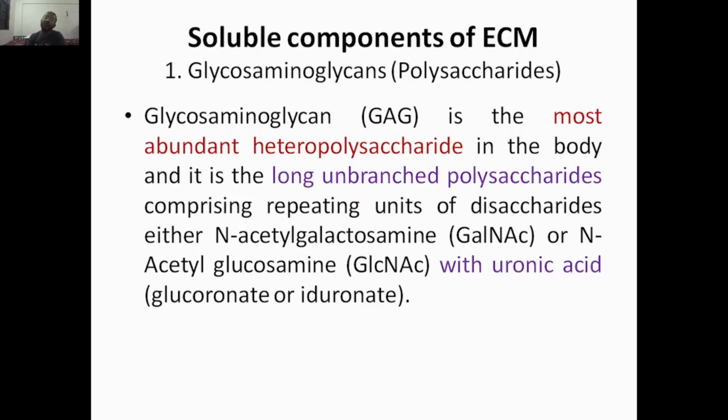It is a long unbranched polysaccharide comprising repeating units of disaccharides, either GalNAc, that is N-acetyl galactosamine, or N-acetyl glucosamine, with uronic acid, that is very important.